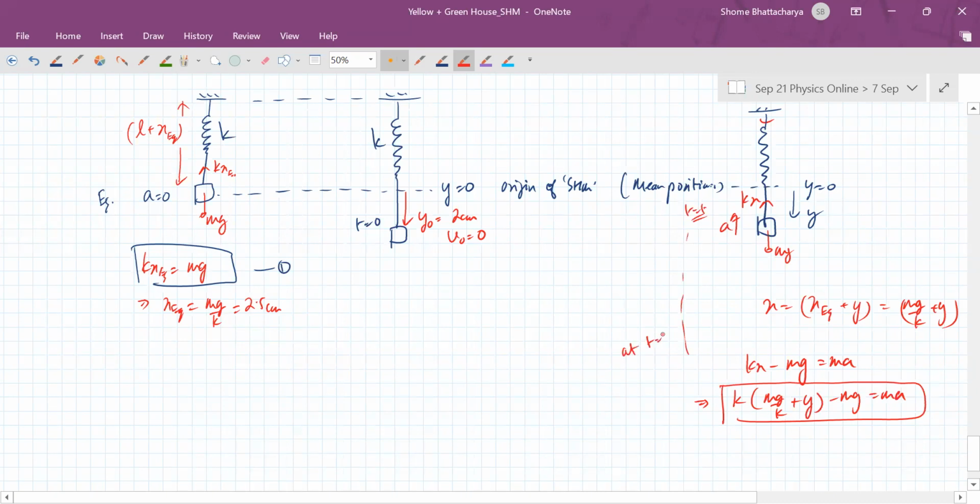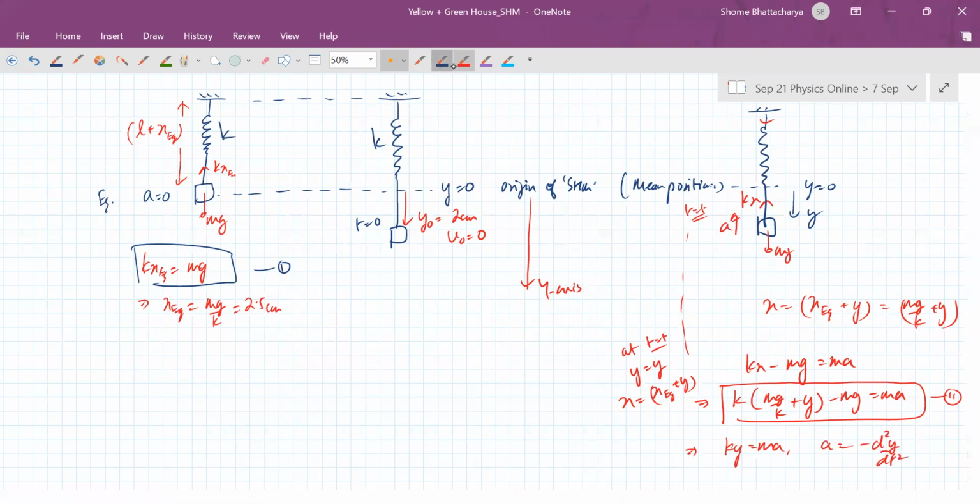So at t equal to t, when y is equal to y, the extension of the spring is the equilibrium position plus the additional downward displacement, because I'm taking my y-axis as downwards. So comparing the two equations, you can see here that ky will become equal to ma, and a is minus d2y by dt square. So you got your SHM equation now.